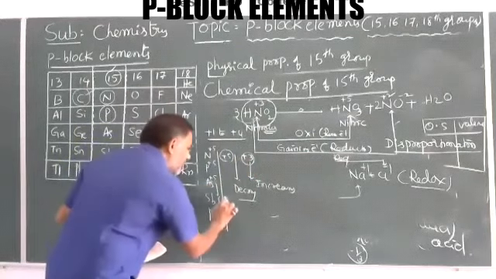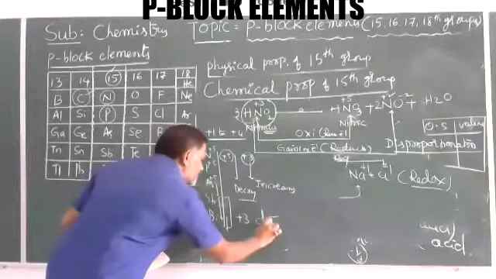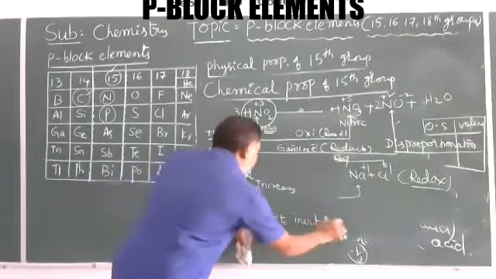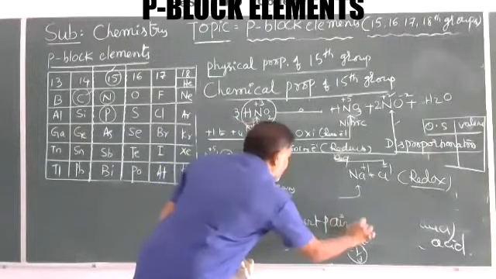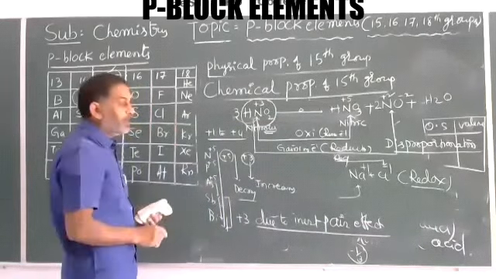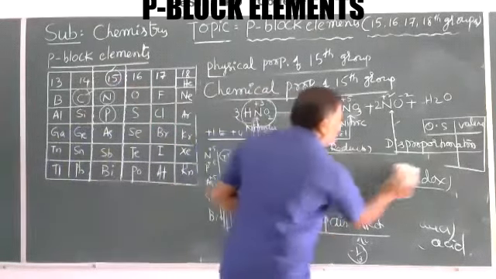The reason they show a maximum of plus 3 is the inert pair effect. It is very, very important. So what is the inert pair effect? It is due to poor shielding or screening effect.